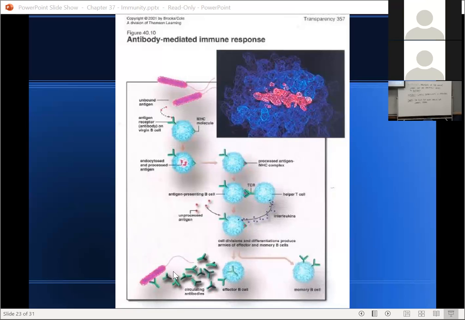Again, after the foreign invader is eliminated, most of these cells are going to die, and a very few are going to persist as memory B cells. And again, if that same pathogen is encountered again, it's going to be a very rapid response and a very rapid elimination of that foreign invader.